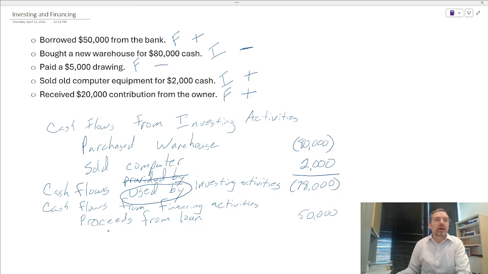We also paid a drawing, so we could just put drawings or dividends paid or something like that. This was a negative 5,000. And then we received a contribution from the owner, so we can just put owner contributions.